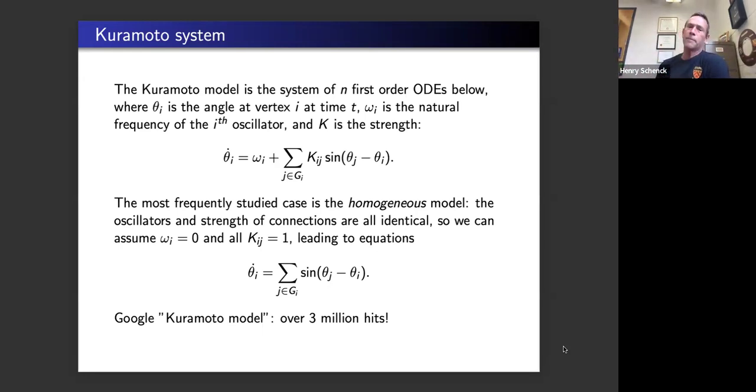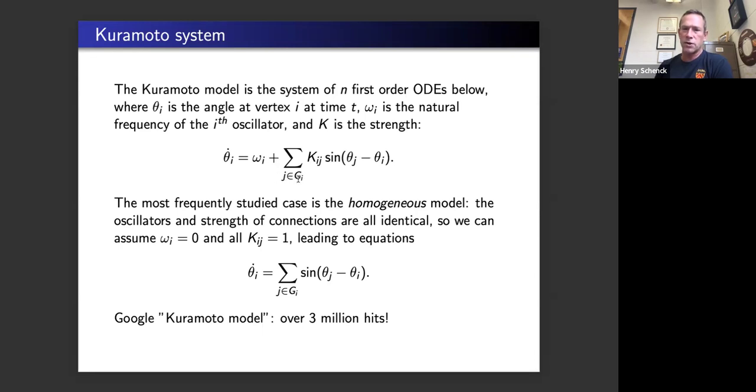Okay, so I mentioned the original equation up here, but we're going to study a simplification. The simplification is to assume that all the oscillators are identical. That lets us wipe out this omega I, the natural frequency, because the natural frequencies are all the same. Then the rather drastic simplification is to assume that the strengths of the connections are all either 0 or 1.